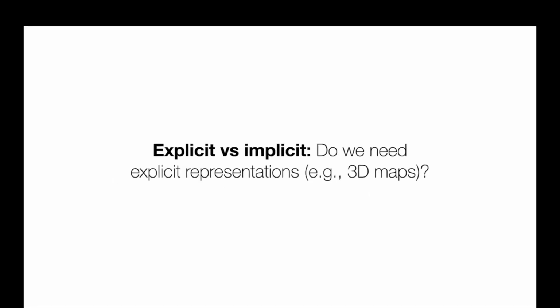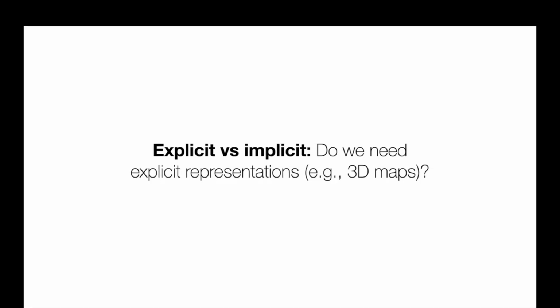I want to now ask a question which I end up thinking a lot about. Many of the people in this room are doing some sort of 3D mapping, and some others will be doing reinforcement learning, having the robot figure out the right representation for a task and so on. I wanted to ask this panel a question about explicit versus implicit representation. Explicit representation would be just a 3D map.